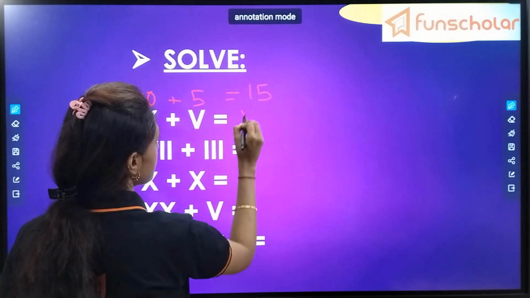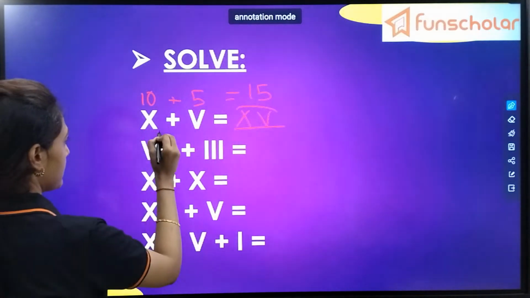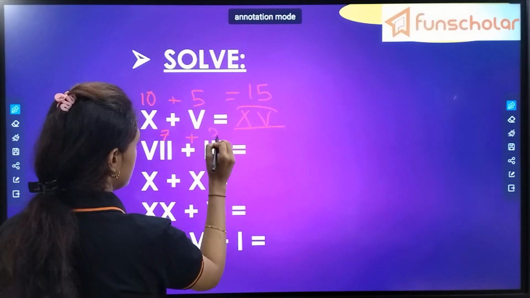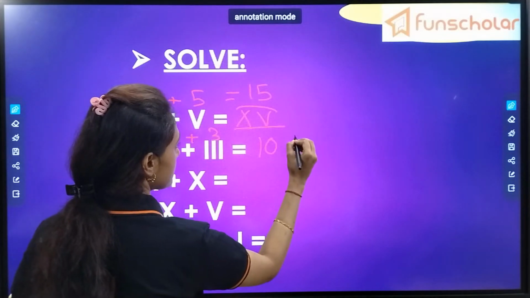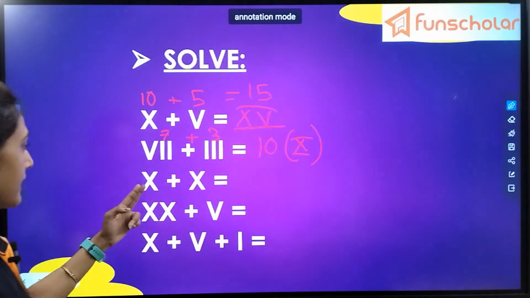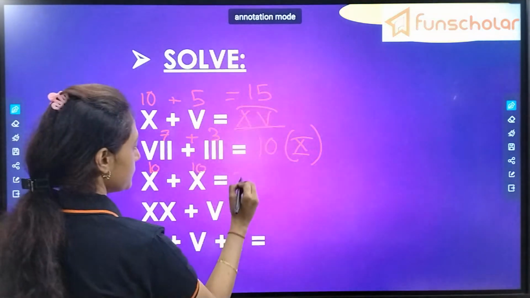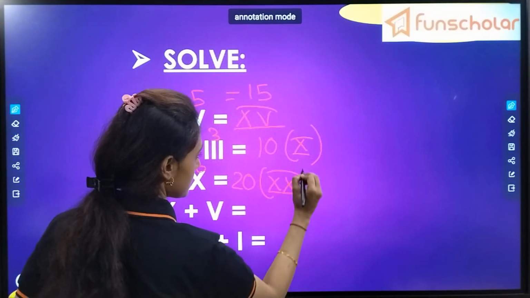So how will you write? Okay. 7 plus 3 equal to 10. How will you write? X. X plus X means 10 plus 10 equal to 20. How will you write? X, X.